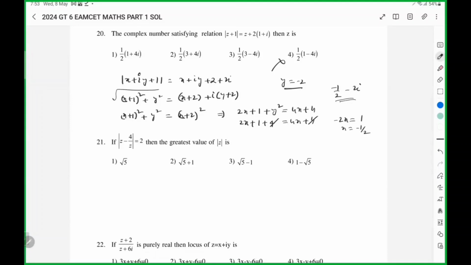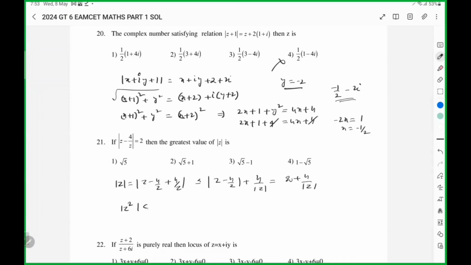Here it is the greatest value of mod z. Mod z I can write as mod of z minus 4 by z plus 4 by z, which is less than or equal to mod of z minus 4 by z plus 4 by mod z, which is 2 plus 4 by mod z.